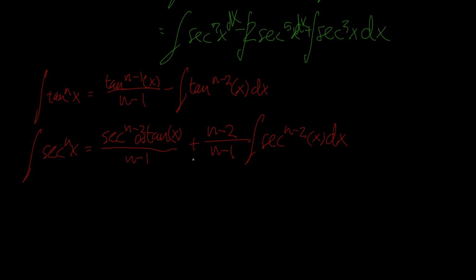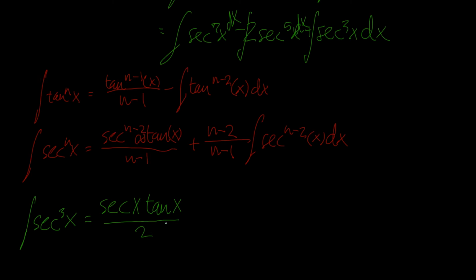And I'm going to do one example just to show you how it would work using the last one, which is the easiest. So let's say that we have an integral of secant cubed x. The reduction formula tells me that the first part would be secant of n minus 2, and our n is 3 right here, so it would just be secant x times tangent x over 2.